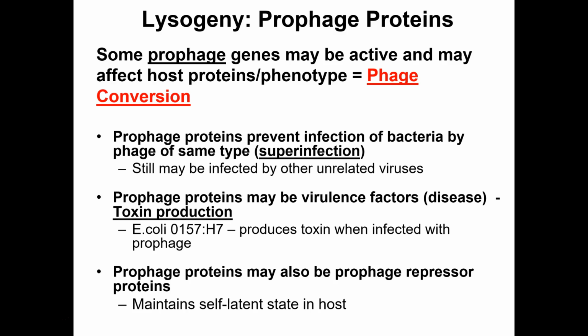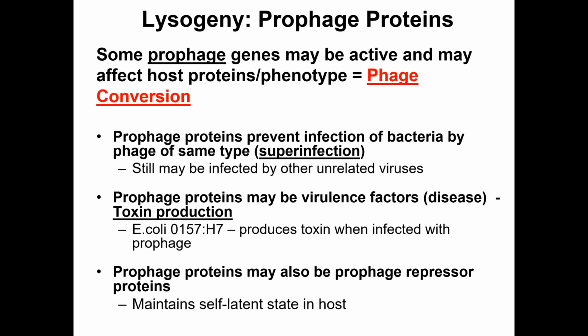T4 could still infect that poor E. coli cell. So this prevents superinfection of related viruses, but does not influence unrelated viruses. Now, another example of phage conversion, and this isn't always the case with prophages. This is a sometimes thing.